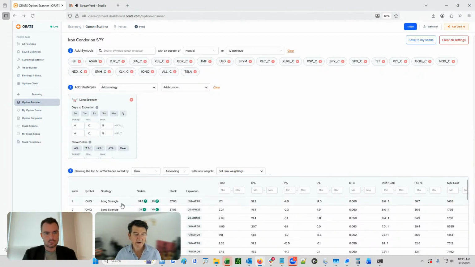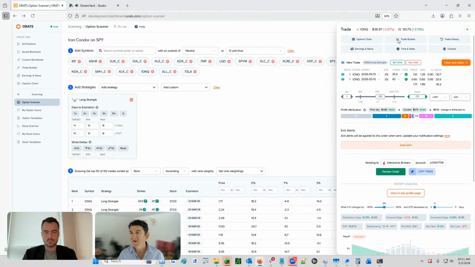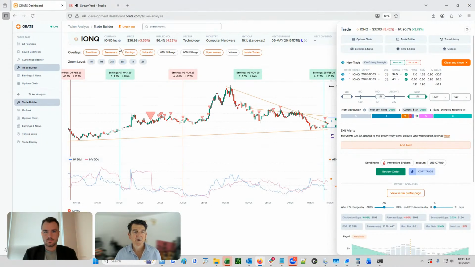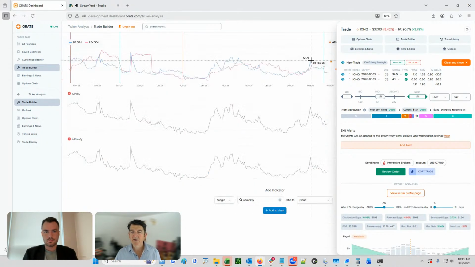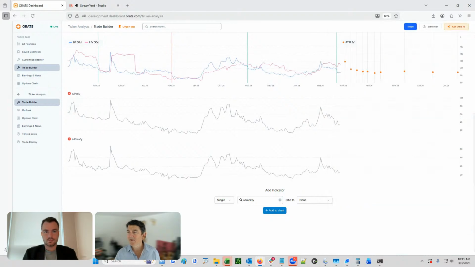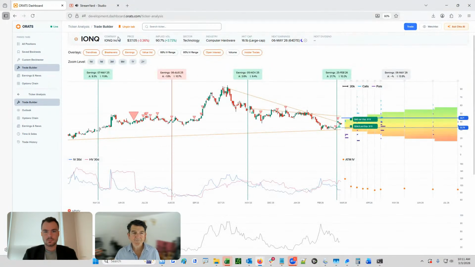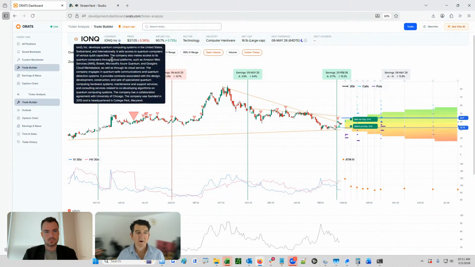But here's that IonQ stock. Again, we could pull up the trade builder. IonQ, what's at the bottom here? This is technology, computer hardware, quantum cloud.